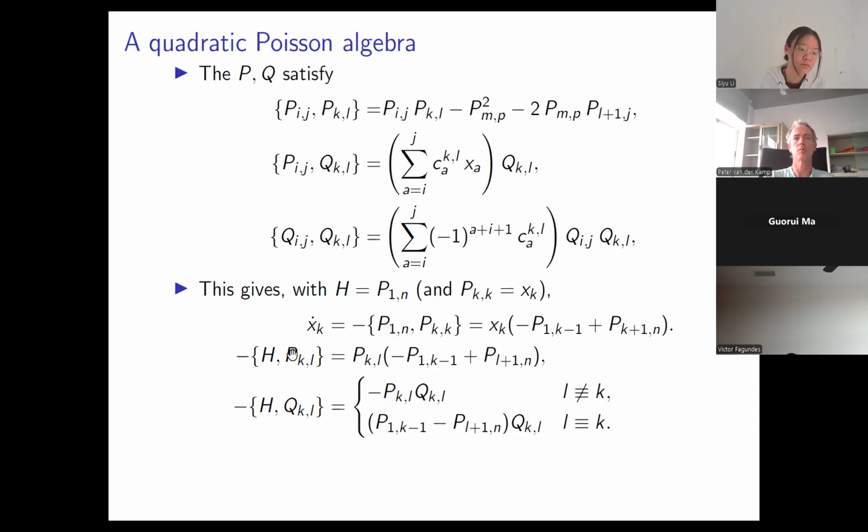And now you can see that for all the P functions, the bracket with the Hamiltonian produces a P function. So the P function is a Darboux polynomial, and this is the cofactor. And similarly, for the Q function, if you take the bracket with H, you again find this function either here or here, depending on the parity of L and K. In the first case, this is the cofactor.